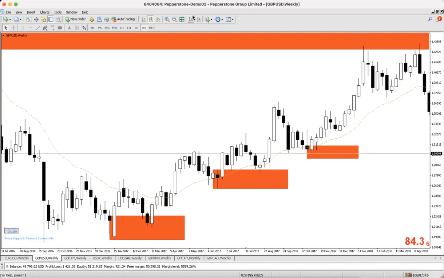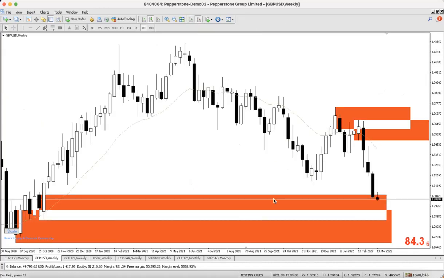Something that is very important for you to know is how do you draw zones when the market gives you gaps. Usually when you see a gap on a chart, it somehow means there was manipulation. When the price is moving, price shouldn't make gaps.